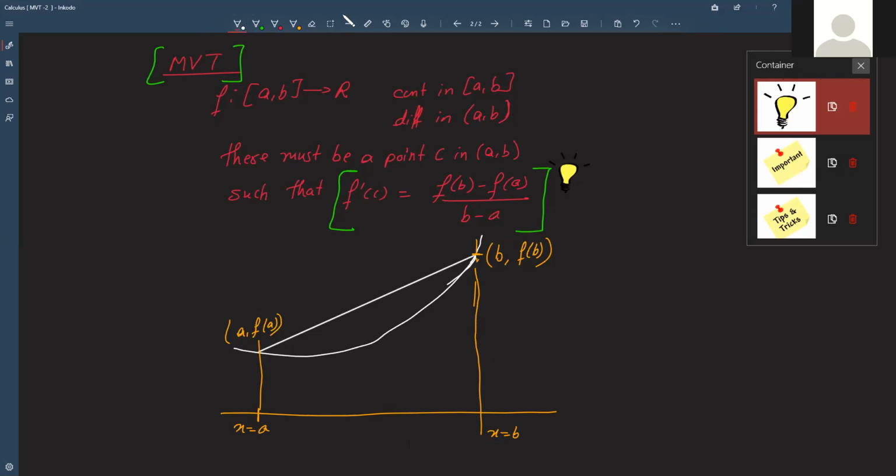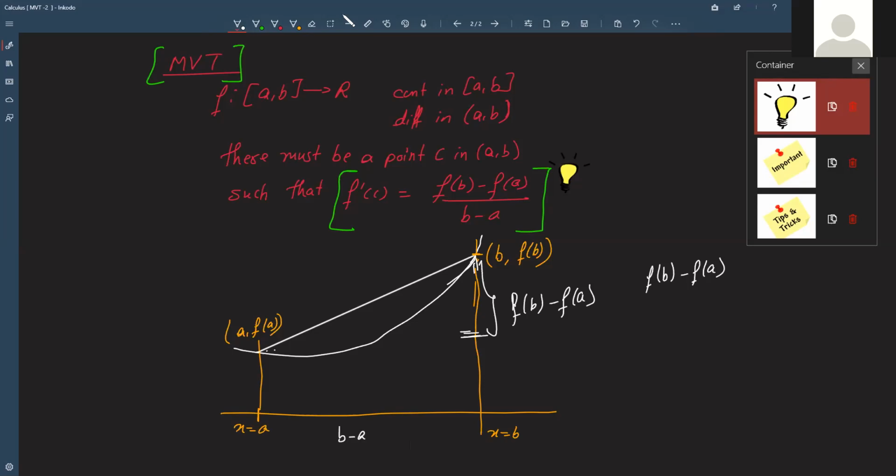So what happens now is this is the y difference, that is f of b minus f of a. This will be f of b minus f of a, right? And then divided by b minus a. This length is b minus a.